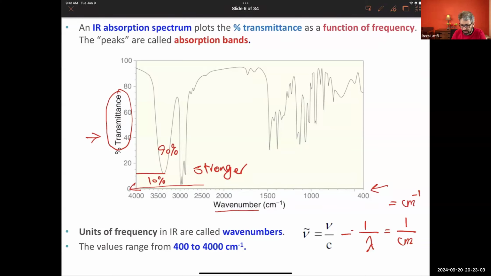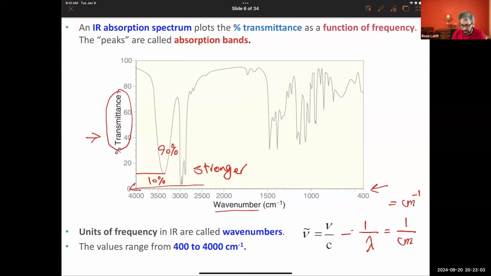So it's telling me that 70% of the light that we send the molecule got absorbed, and only 30% of it is passing. You're reading the light that is passing the molecule, whatever passed, not the absorbed. Be careful, not the absorbed. And the range here is from 400 to 4,000 centimeter to the power of -1.